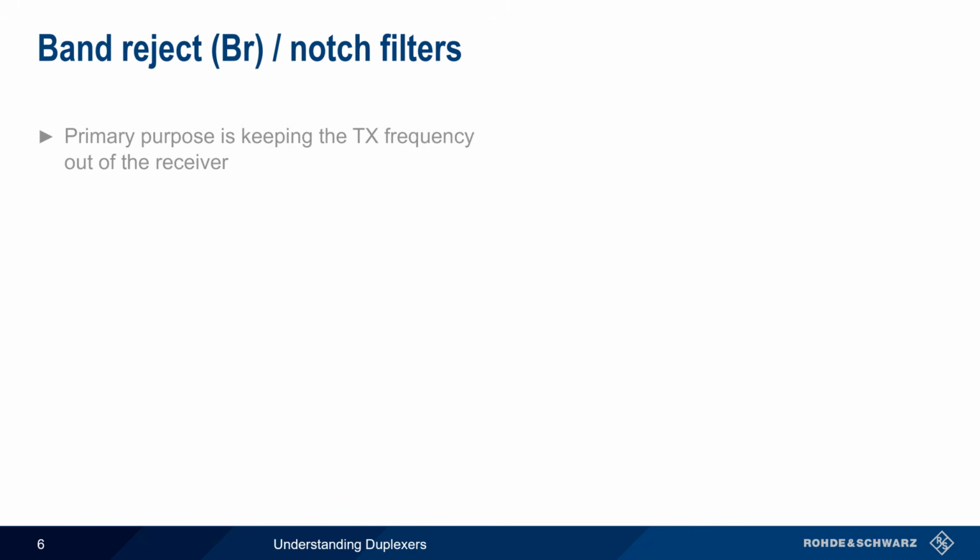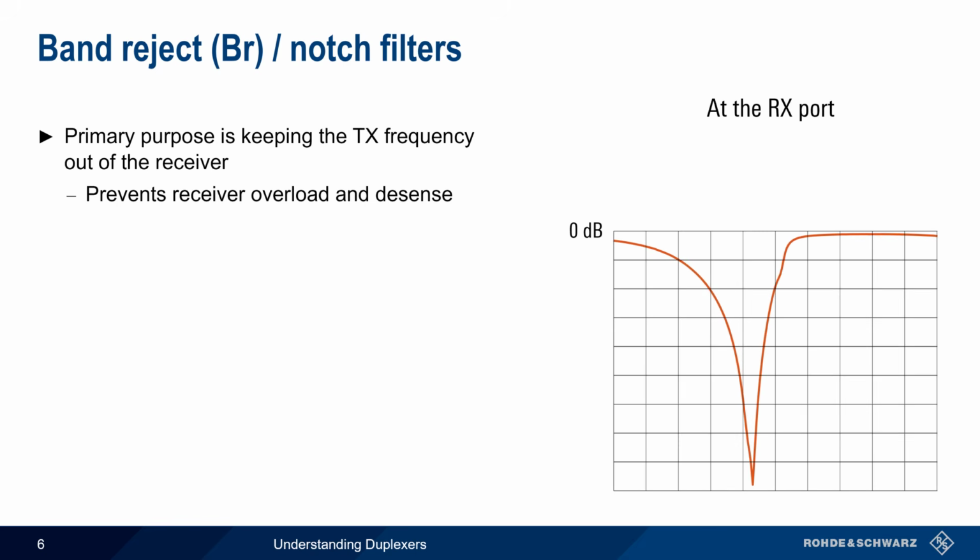Almost all duplexers contain at least one band reject or notch filter, whose primary purpose is keeping the transmit frequency out of the receiver, since this can prevent receiver overload and/or desense. For example, a band reject filter on the receive side is tuned to notch out the transmit frequency, but pass the receive frequency.